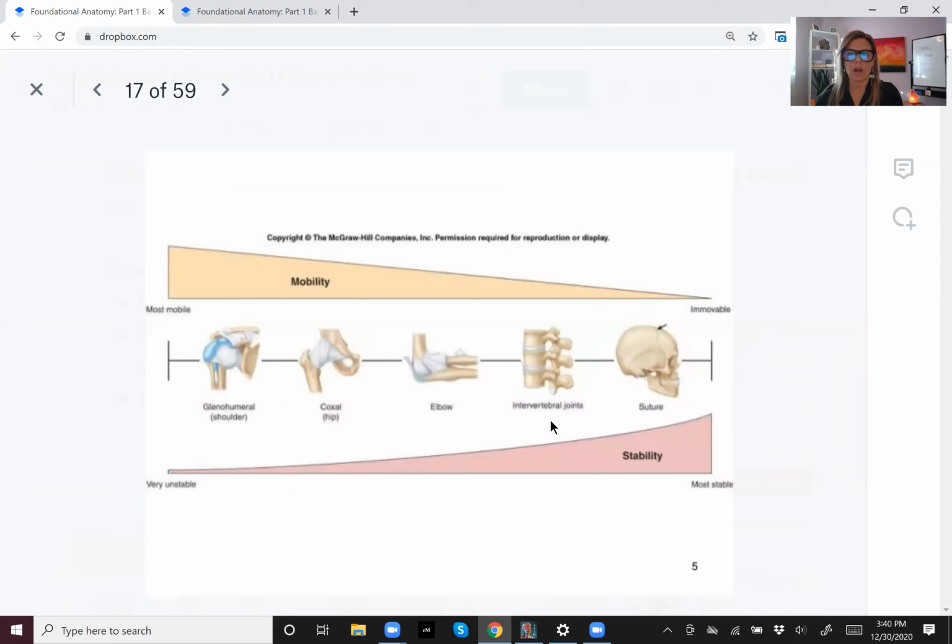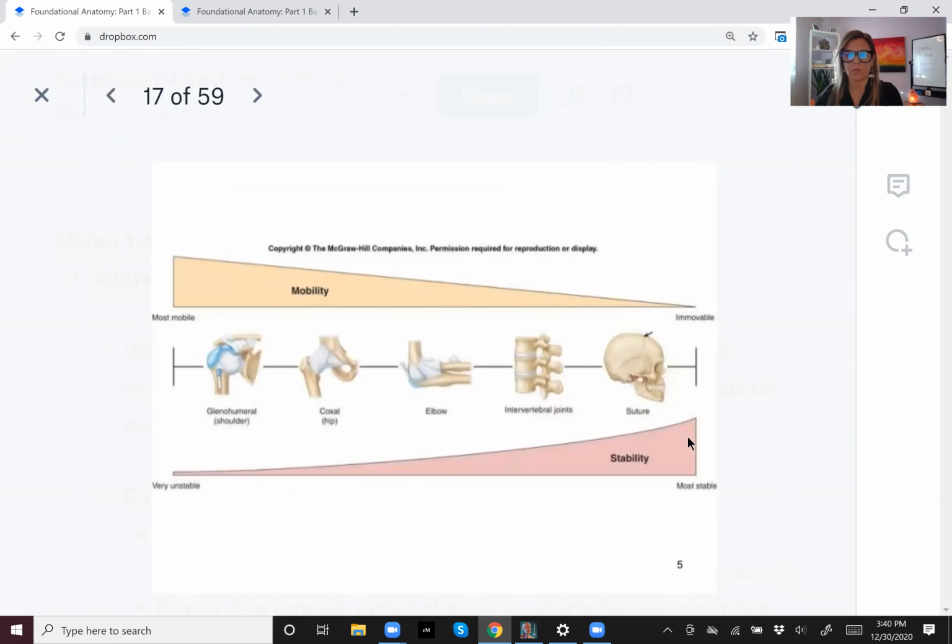And when we talk about stability, we want to have stability where joints meet, where we don't really want a lot of movement happening. So the most important place where that is, is in the skull, or in the cranium here, where we have bones of the head that come together, and where they meet are what we call sutures. Those are the joints. They're called sutures. And we'll look at that when we look at the axial skeleton.